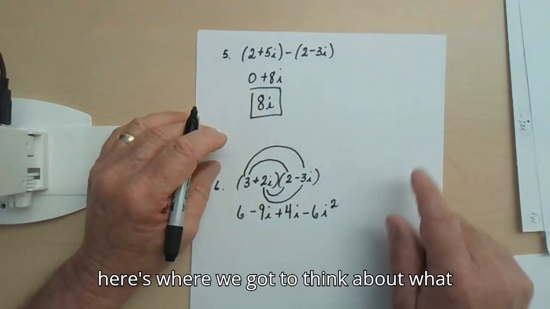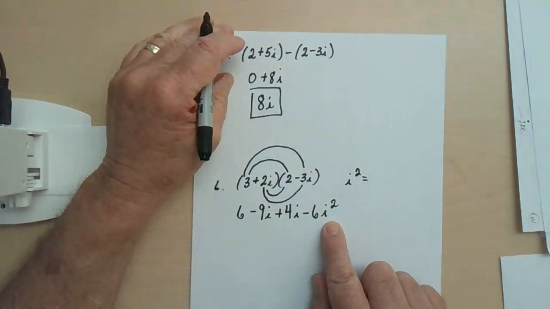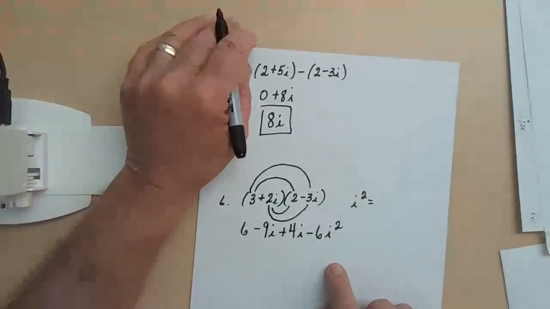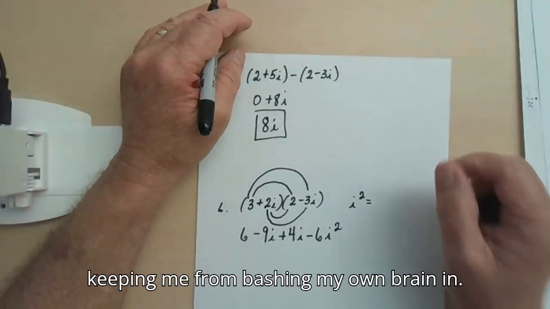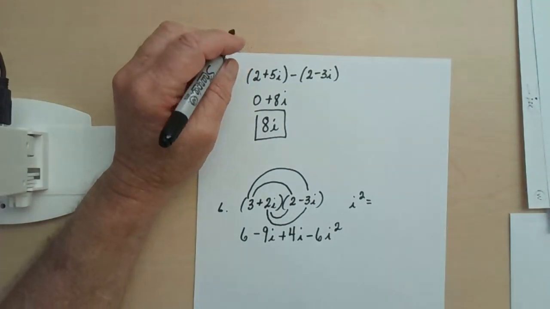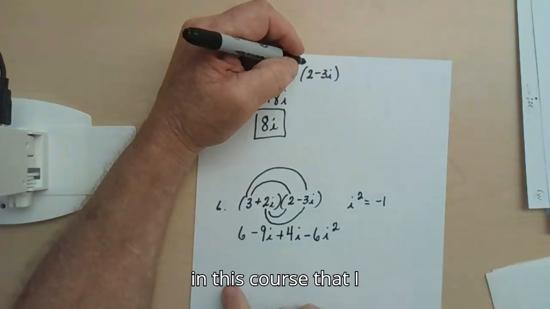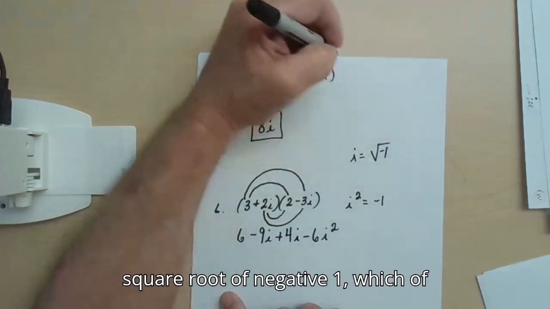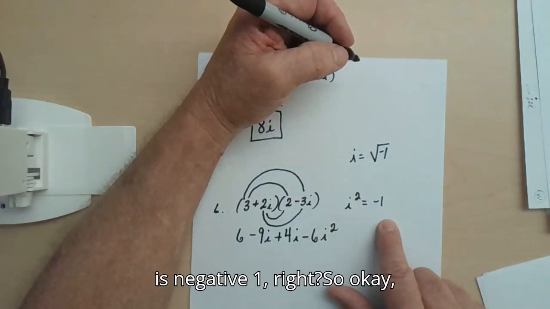Now, here's where we've got to think about what we're doing. What is i squared equal to? -1, thank you. i squared is -1. We've said a couple of times in this course that i is a symbol we use to represent the square root of -1, which of course means that i squared is -1, right?